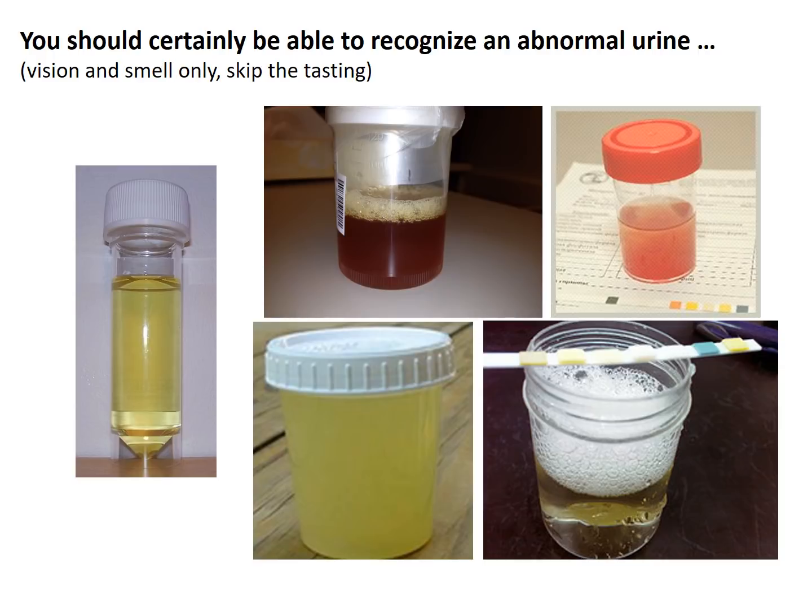And then we can see a number of abnormal urines by both color and by cloudiness, right? So dark urine, pink urine, very cloudy urine, very foamy urine. What is foamy urine indicative of? Something that should not be in there. Do you guys know this? Protein, right?